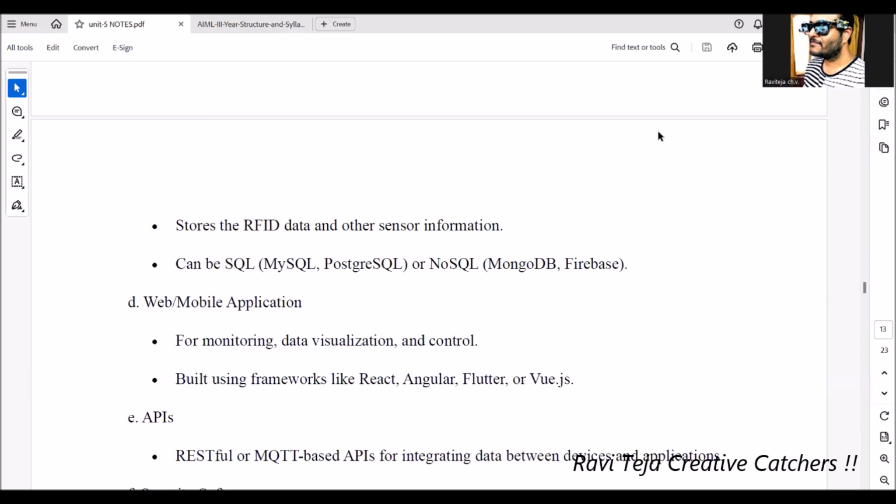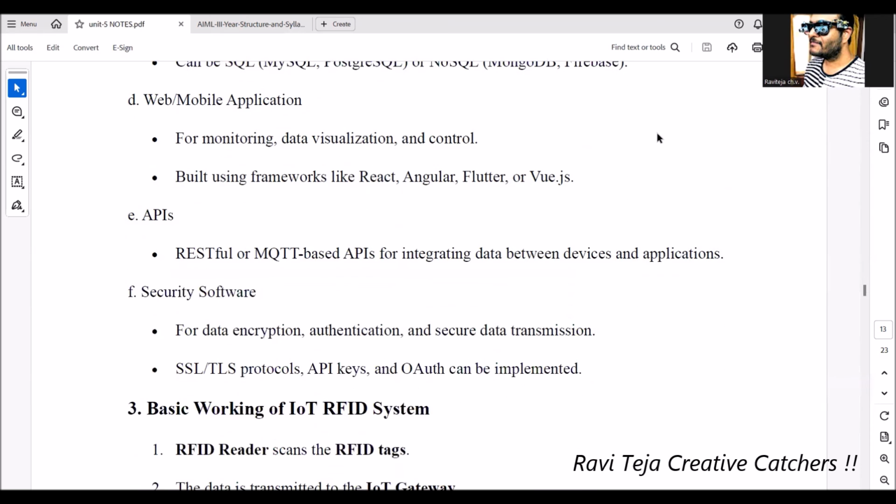And coming to the web or mobile applications, in order to monitor our data visualization and to control, we have web or mobile applications, and these are built based on frameworks like React, Angular, Flutter. All these frameworks are used for developing these kinds of applications. Coming to the APIs, we have REST and MQTT based APIs for integrating the data between the devices.